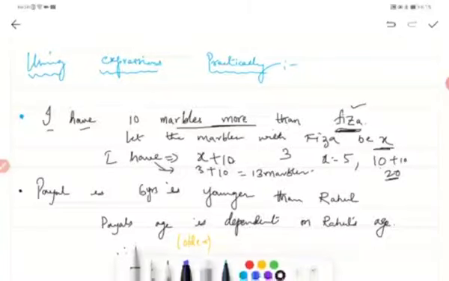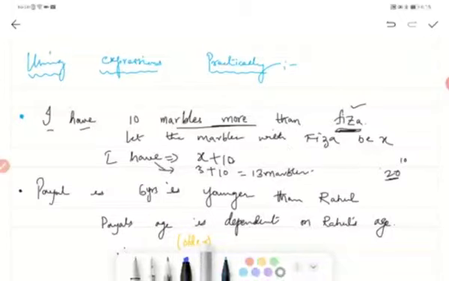Isn't it? So one statement will be given, and you need to get the expression for those statements.